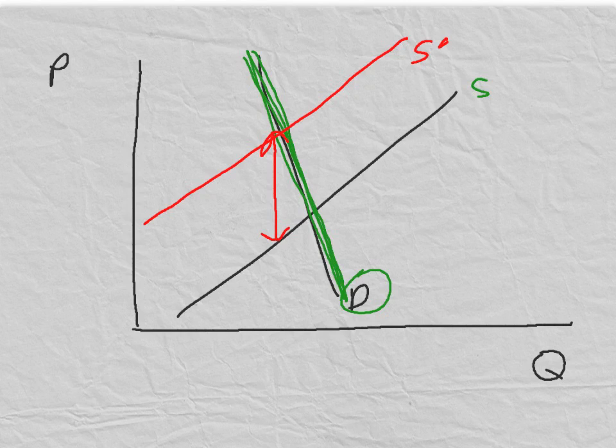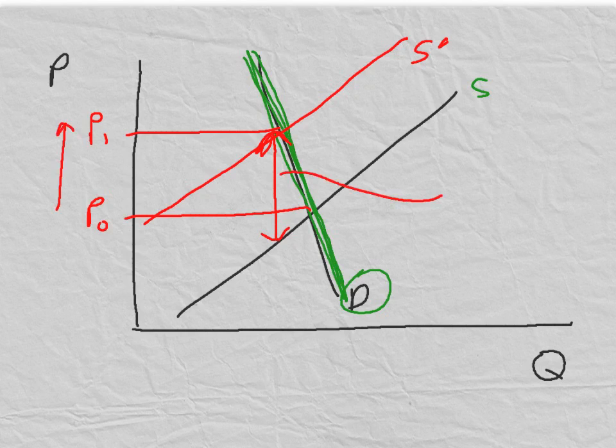We can see that the amount of the tax will be the vertical distance given by this arrowhead here. But we can also see that the price change will be almost the same as the change in the vertical distance moved by the supply curve. So the price change here, P0 to P1, is almost the same as the level of the tax. Why? Because the demand curve is very inelastic.